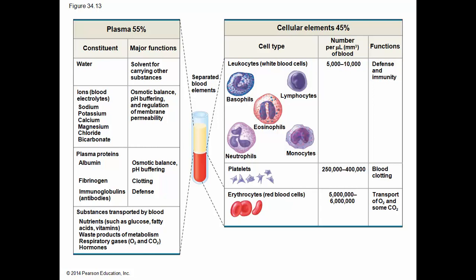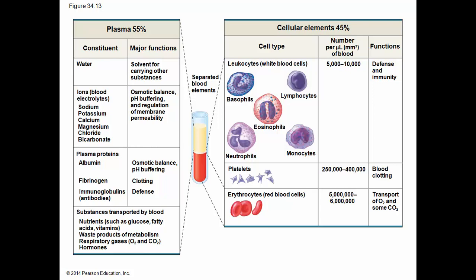Okay, so here's the breakdown of blood components. You can see most of the blood is blood plasma. It's mostly water. It's used as a solvent for carrying other substances. It has the ability to buffer pH and regulate membrane permeability.